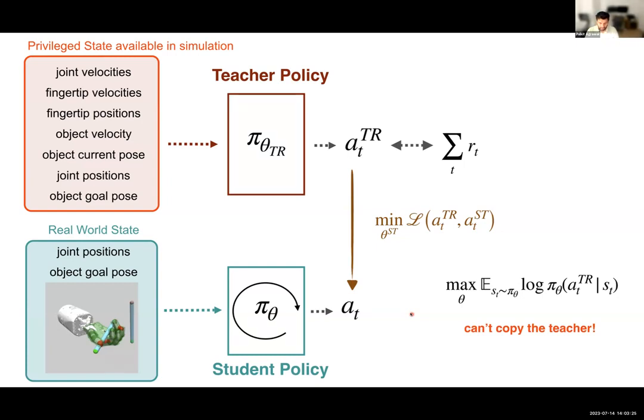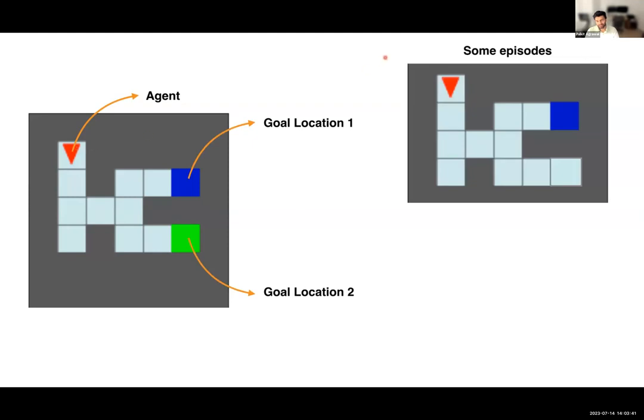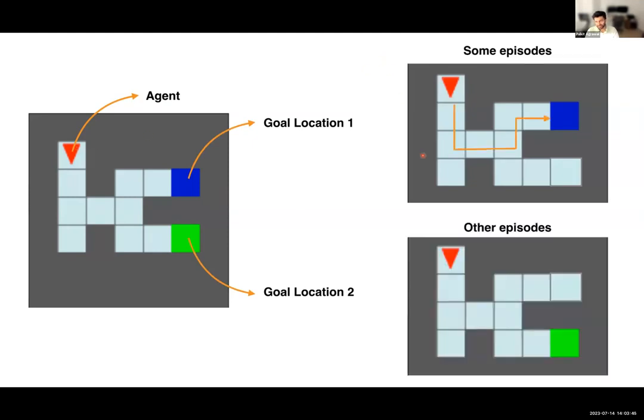Now, to make this point more intuitive, let me explain this with a simpler problem. Consider this 2D grid world where we have this agent, and a setup where there are two possible goal locations. In some episodes there is one goal, and in other episodes there's a different goal.